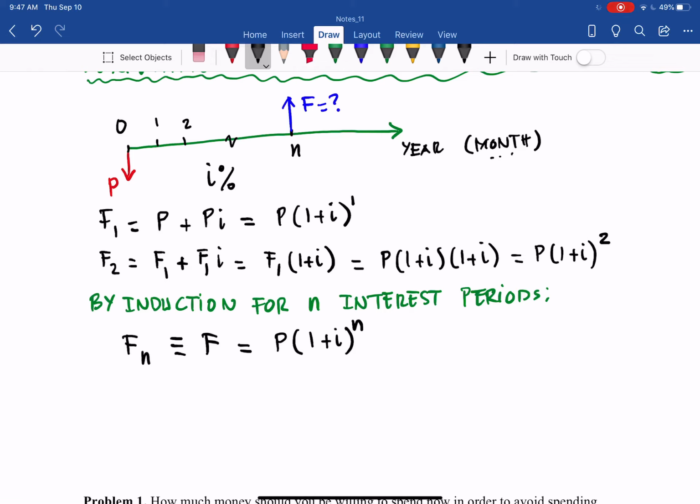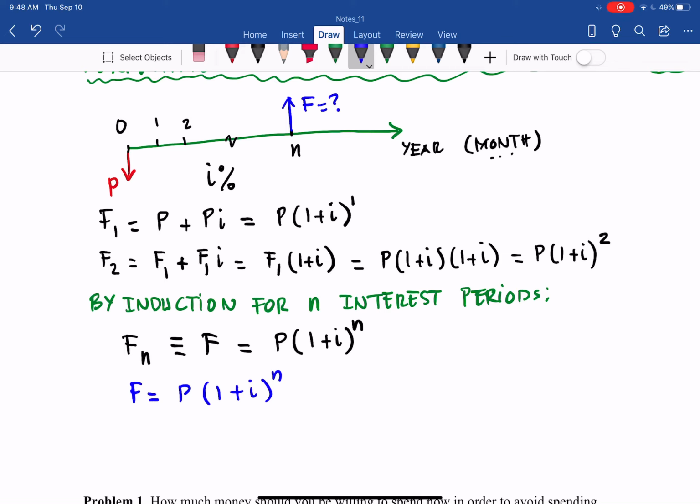So bottom line, you can rewrite and box this: F at any time in the future, if we have the present value, is P(1 + i) to the power n, where n is the number of interest periods.